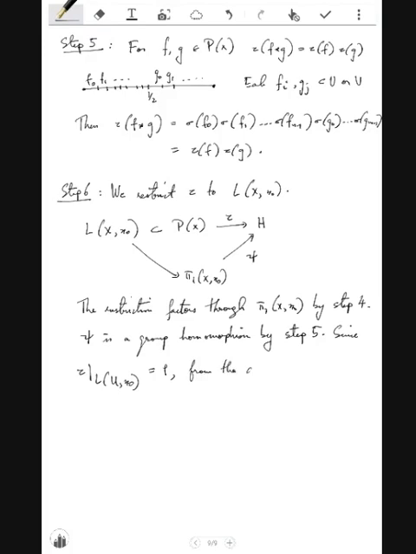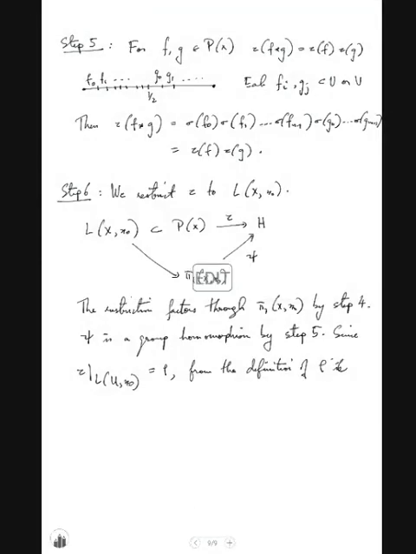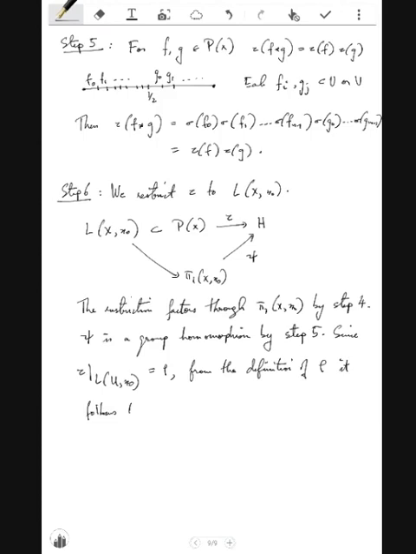From the definition of rho, it follows that psi composed with j_i is equal to phi_i. So this completes the proof of the theorem. So we will stop here.